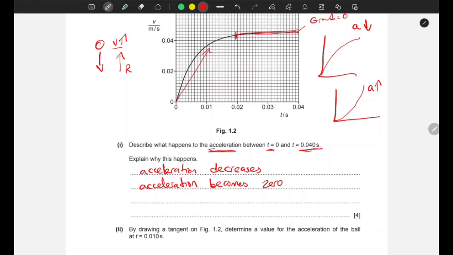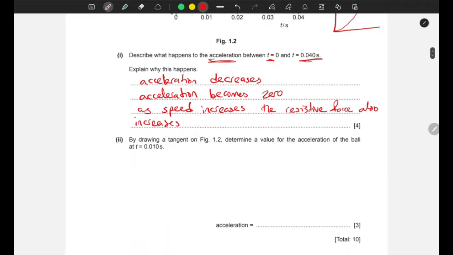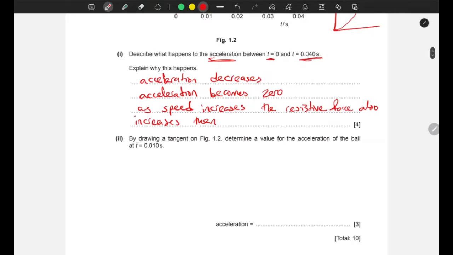So when writing that, we can say that as speed increases, the resistive force also increases. Then after that, the downward and upward force become equal.